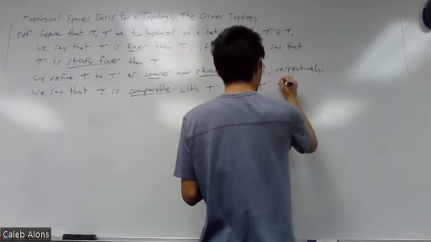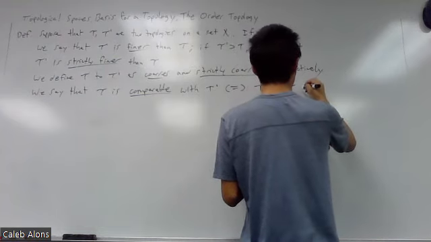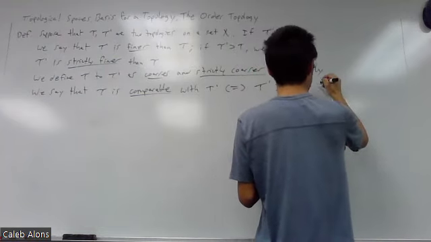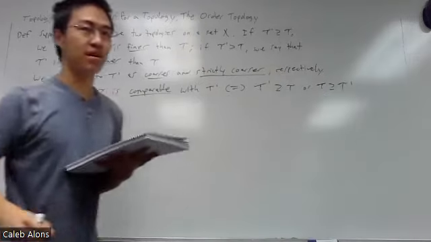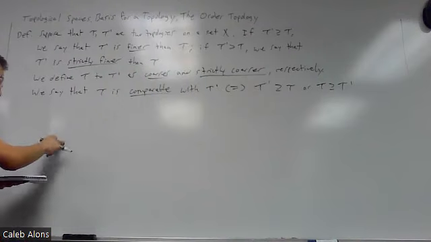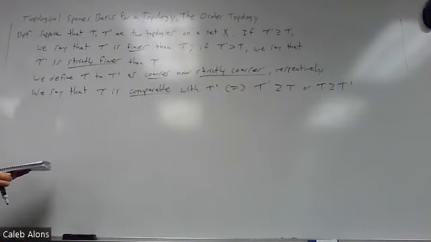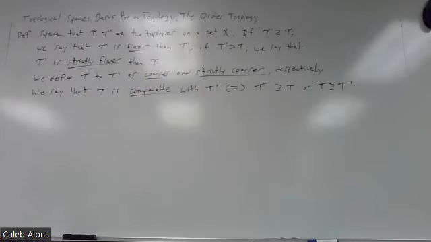We could have that T prime is finer than T, or that T is finer than T prime. Either way, it's just a way to relate them. When we were doing the example with A, B, and C, they don't necessarily have to have the same subsets, and if they're not related to each other, then there's no containment of one in the other. No comparison.